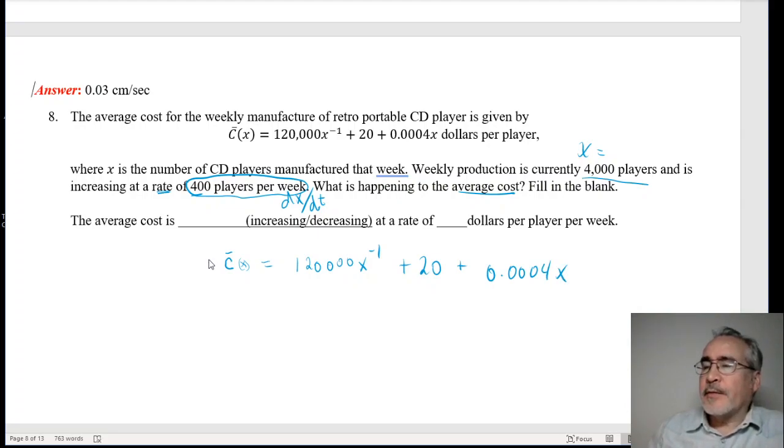The derivative of the average cost is, if we want, dc of x dt.